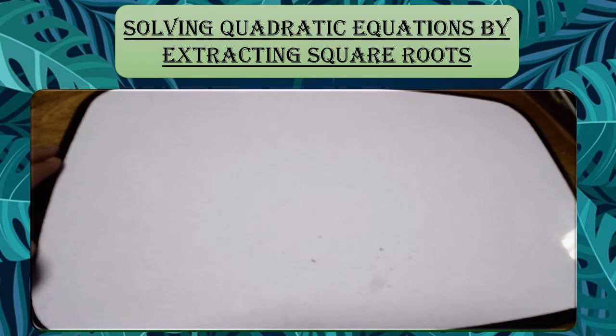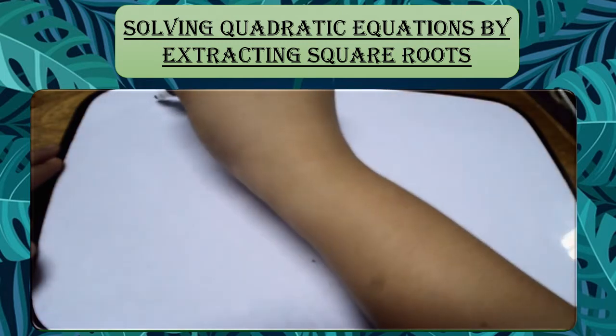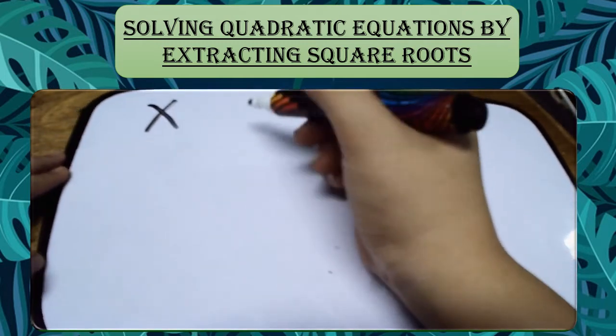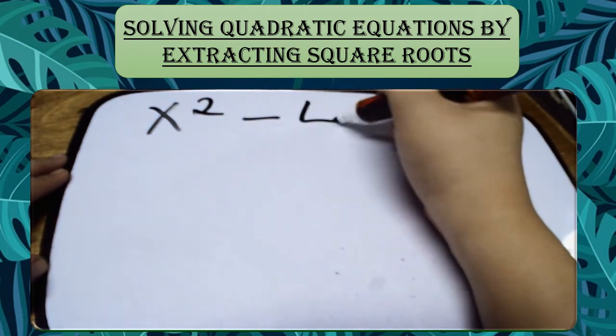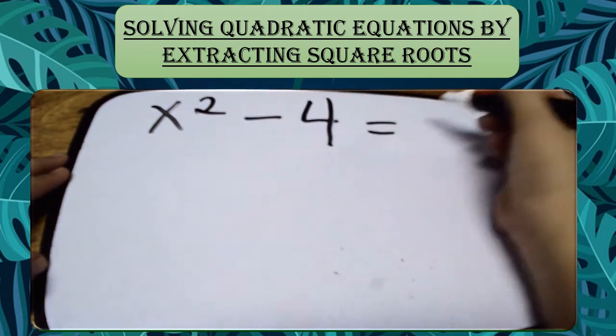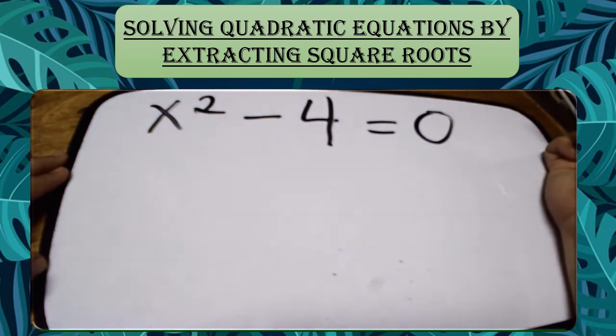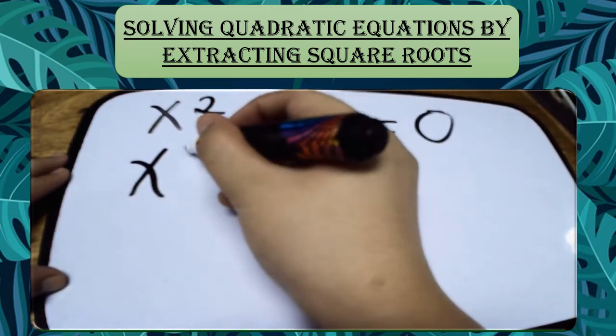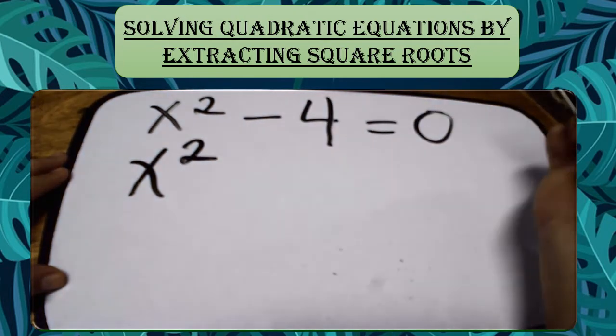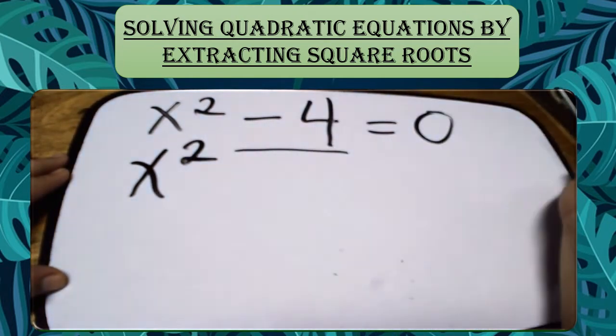So now, let's solve a quadratic equation by extracting square roots. Given x squared minus 4 is equal to 0. Just copy x squared. Next, transpose negative 4.